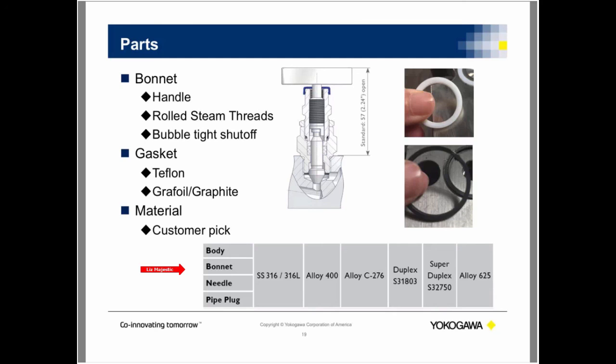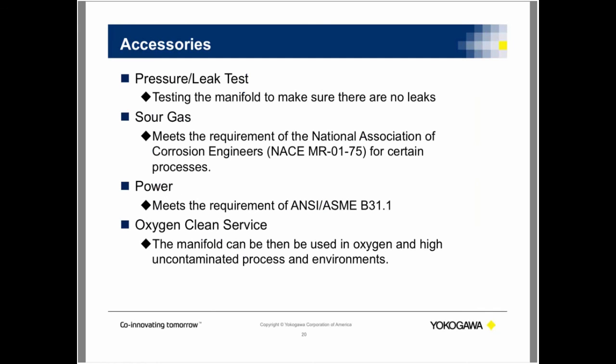So next we'll move into accessories that you can get with the manifold. Okay, so you can have a pressure and leak test done to your manifold. The only bad thing is you have to have the transmitter attached to the manifold to do this test.